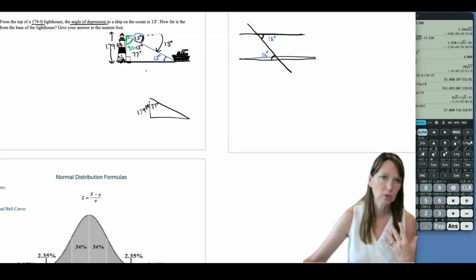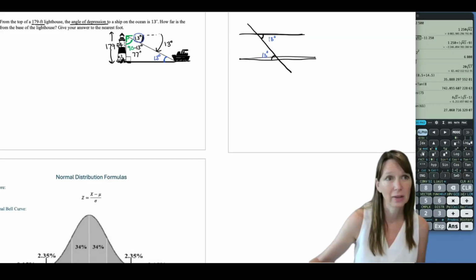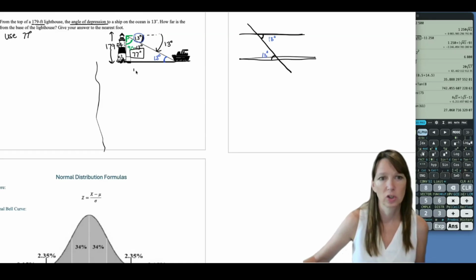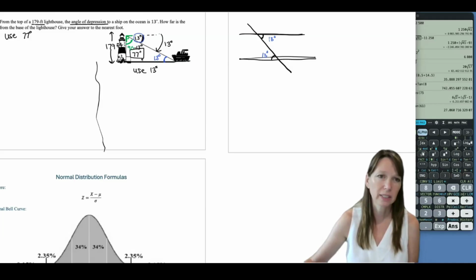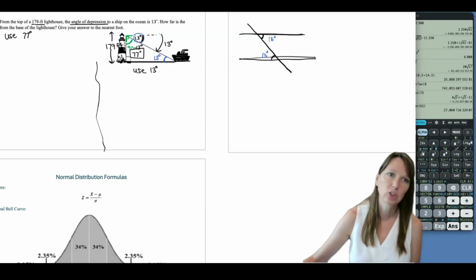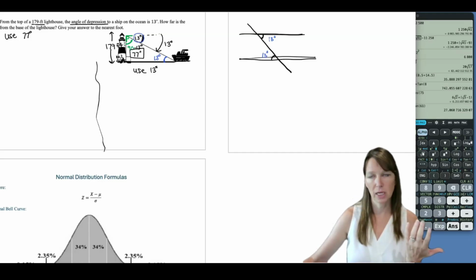I'm going to show this using both methods just in case you prefer one over the other. But I'm going to start with that use of the 77 degrees, and then I'll show you using the 13 degrees, and you can choose which one you prefer. So if I use that 77 degrees, that's going to change whether that 179 feet vertically is considered my opposite or my adjacent.